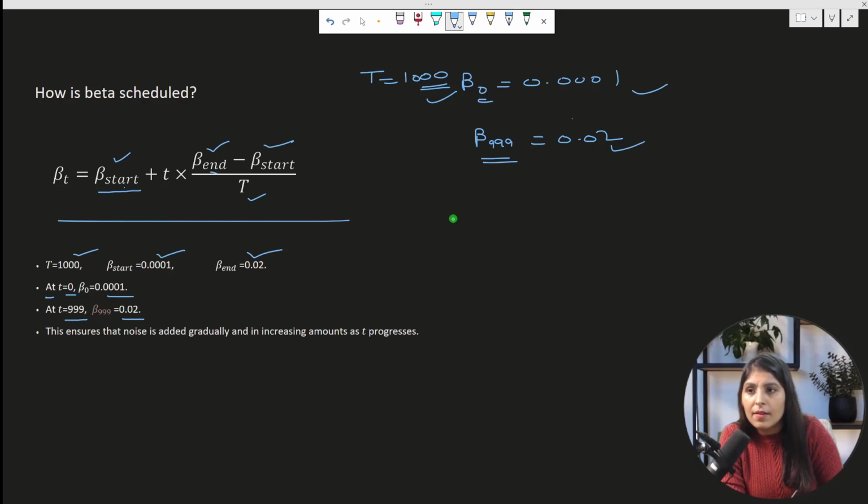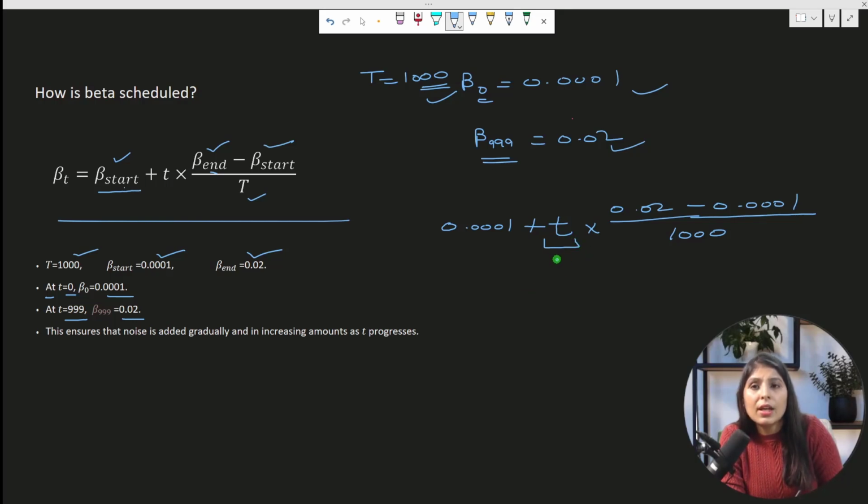So what we have, b start is 0.0001 plus t times b end, 0.02, minus b start, 0.0001. This t means time steps, 1000 time steps. So these values are going to be same for each time step. The only value which is going to change is this.